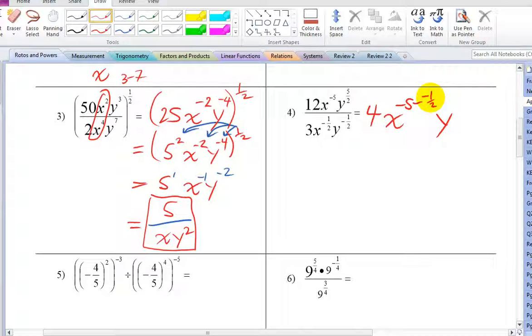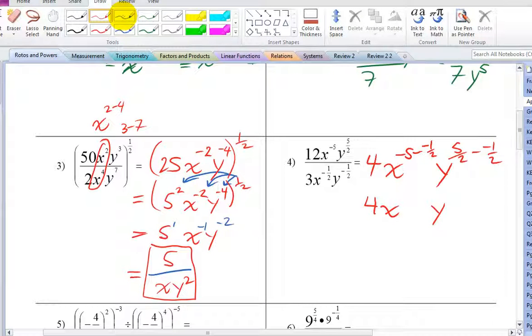Right, you're dividing, so you need to subtract. Same thing with the y. 5 over 2 minus negative 1/2. All right, fix those now. Find the exponents on the x and the y. Don't use your calculator.